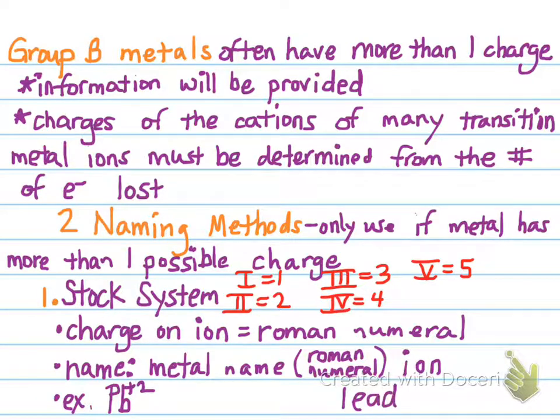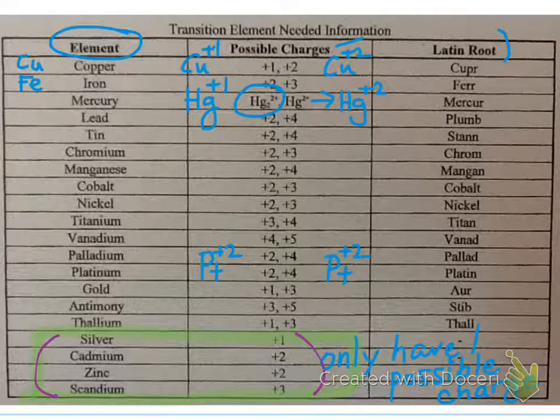Lead, 2, and then the word ion. In the stock system, I don't really have to use my helper sheet a lot, because the charge on my ion becomes my Roman numeral. So that is how you name these with the stock system.